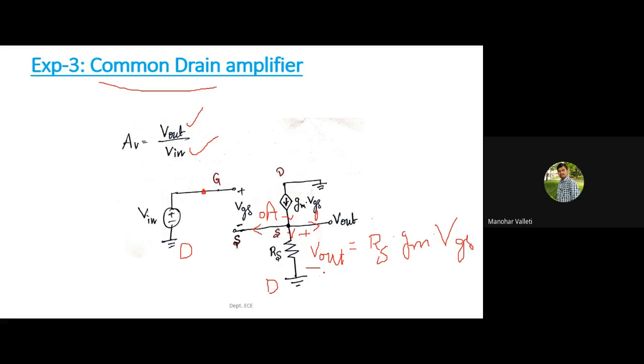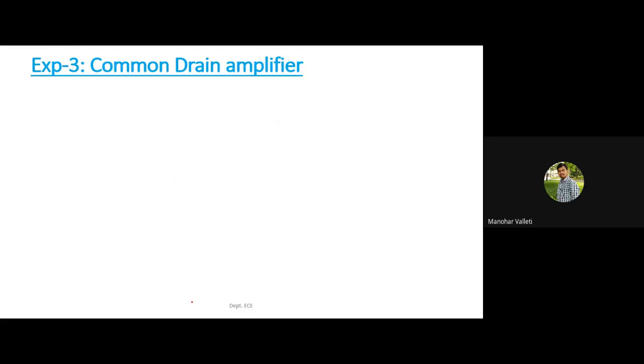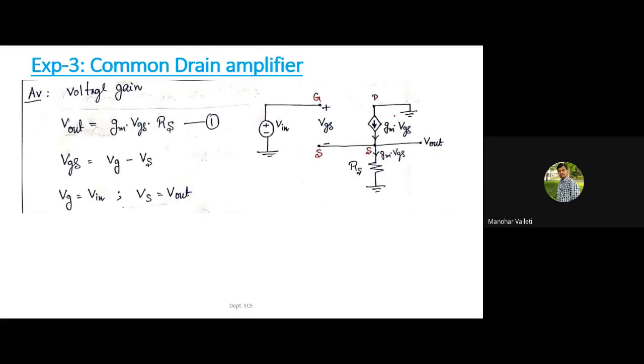I think you understood how I wrote this equation. This is equation 1, and to find VGS, VG is the voltage at the gate with respect to ground, and VS is the voltage at the source with respect to ground.